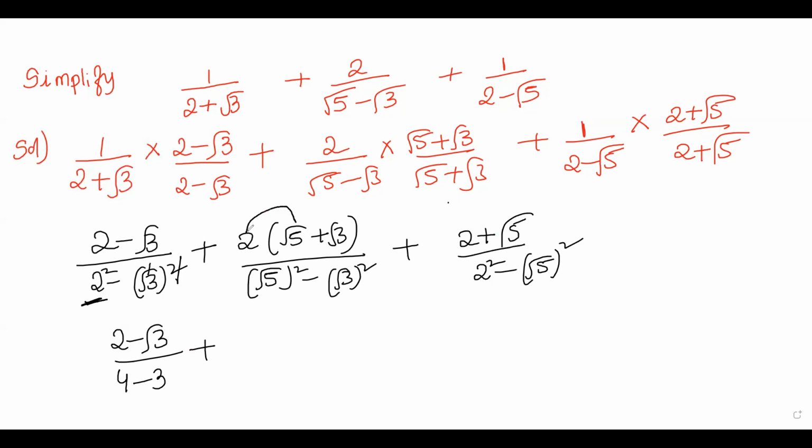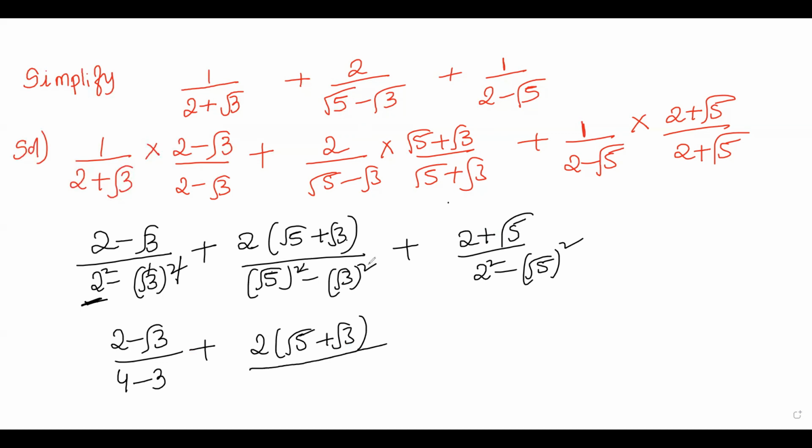Multiply with 2, you will get 2 root 5. On multiplying with 2, you get 2 into root 3, 2 root 3. Sorry, don't multiply. We can cancel 2, so keep it as it is, don't multiply.